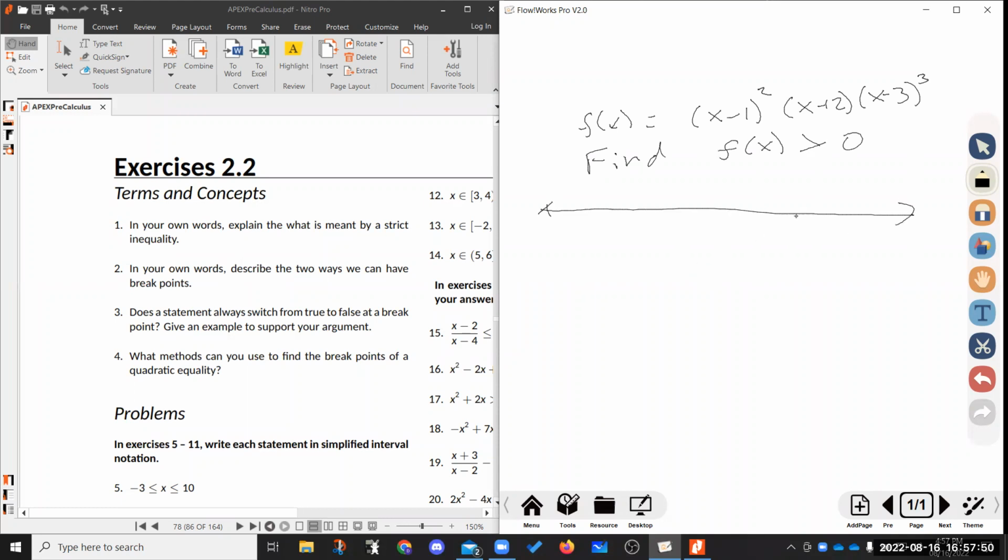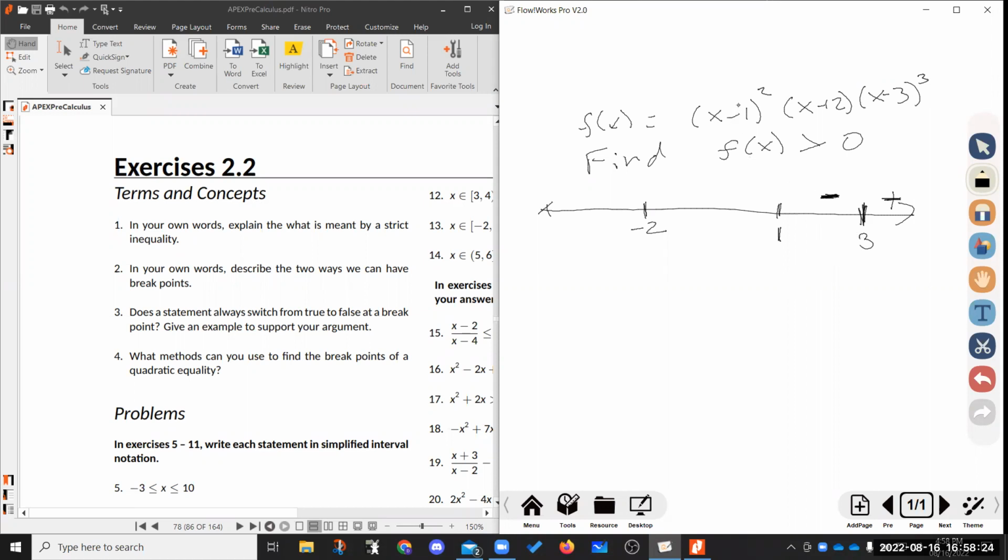So my zeros are going to be at 1, -2, and 3. I personally am going to start all the way to the right because I know when I have all positives that this is positive. When I cross 3, which is where this 0 is coming from, it's an odd multiplicity. It's going to change truth value from positive to negative. It's going to change sign.